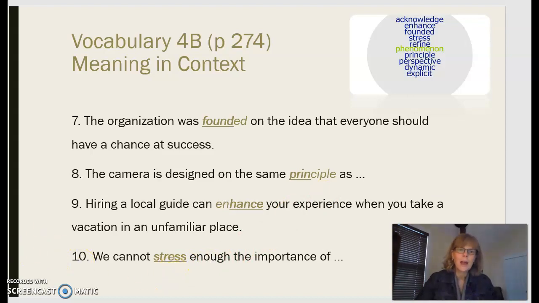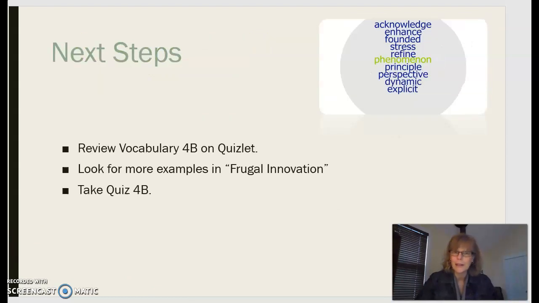These 10 words, guys, you're going to find in this module, module 11, and you'll find that there is a Quizlet with these words on them. You can practice the Quizlet. You can find these words as you read your article, Frugal Innovation. You'll find most of these words are in that article. So hopefully you'll circle them or highlight them as you read.